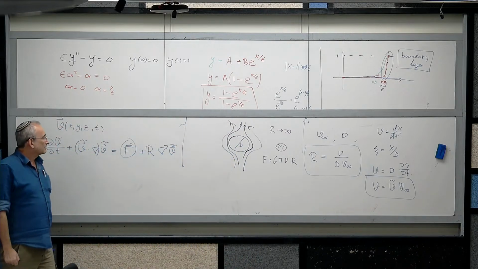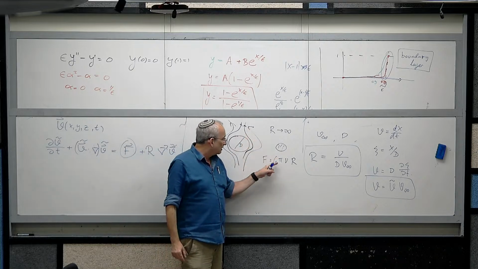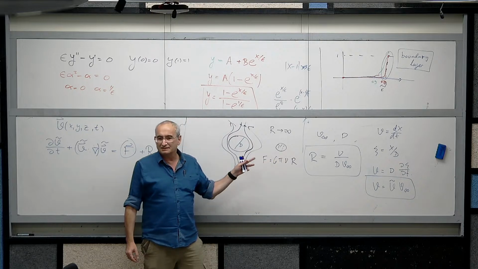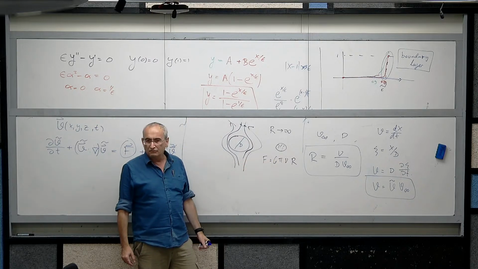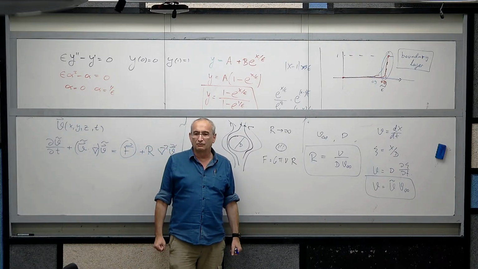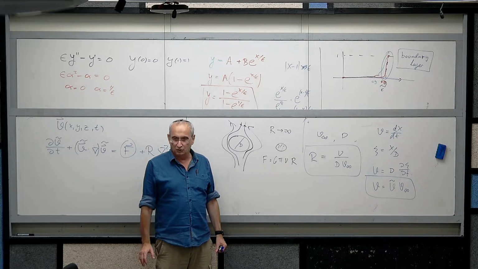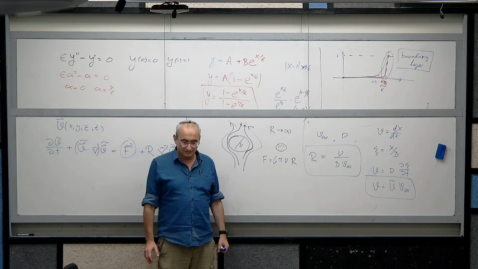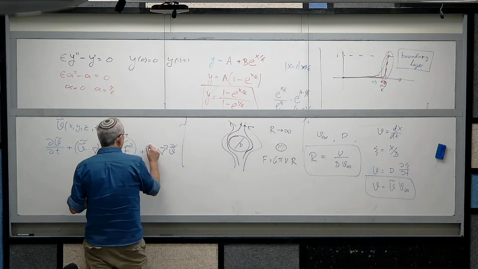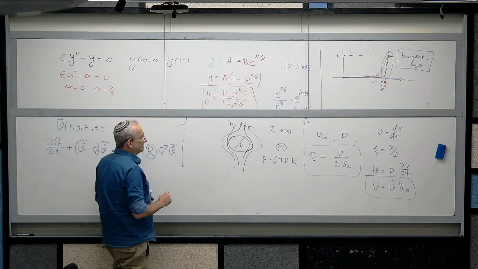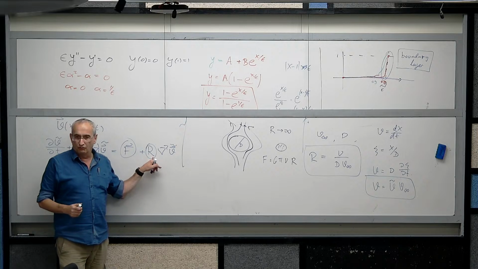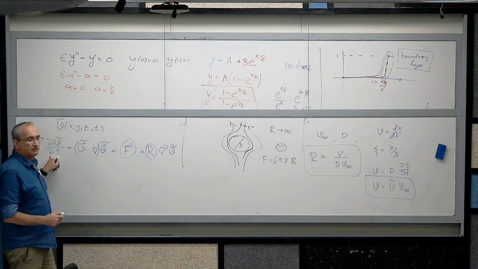Now, as I told you, when R goes to infinity, one can solve and get this Stokes law, and then the question is, what happens when R is becoming very small? It turns out that when R is getting smaller, for R equals 0, this equation is solvable.